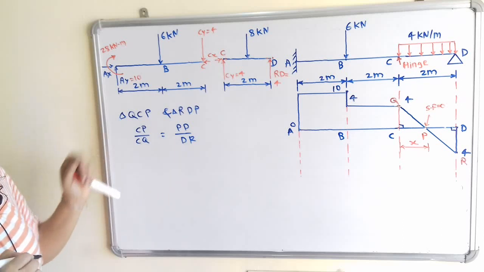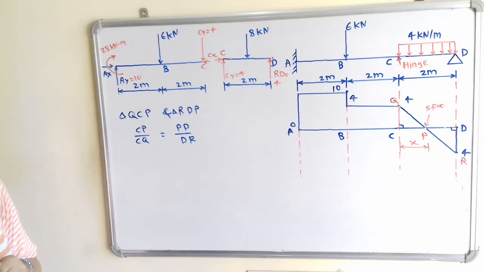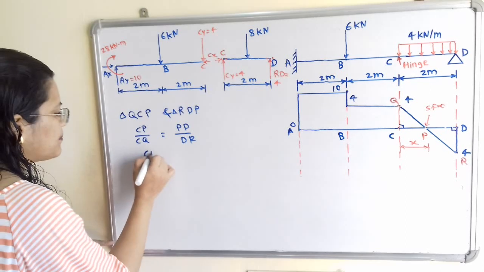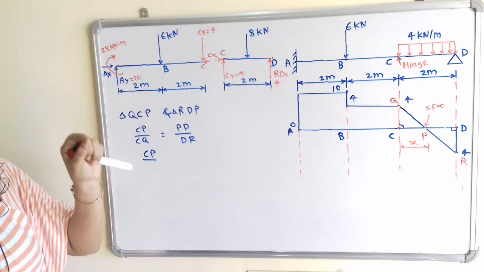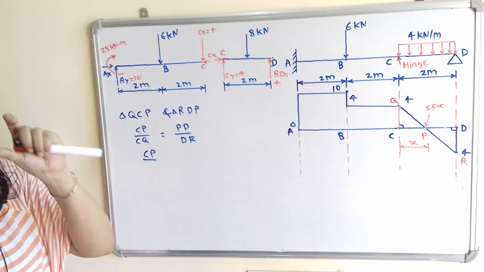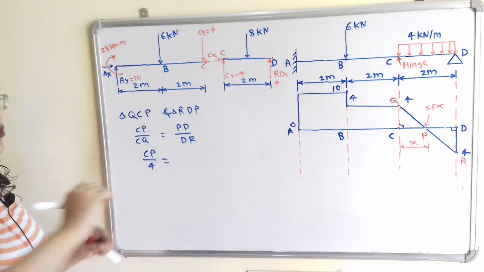Now we will put the values. Now CP, that is the distance we have to find out. So we will write CP as it is. Now value of CQ. So value of CQ is from 0 to 4. So we have to take the magnitude only, that is 4, is equal to PD.